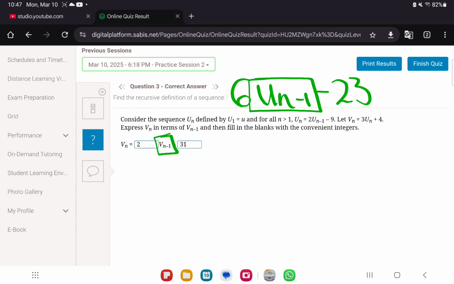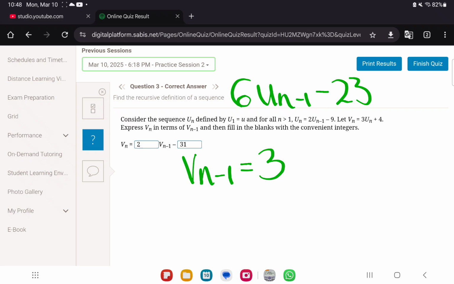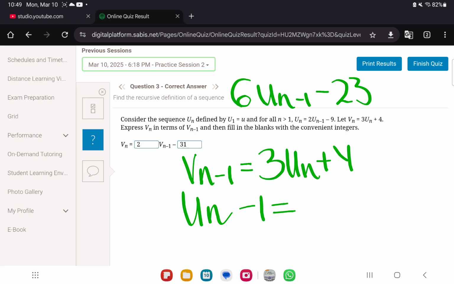Actually, sorry, these don't equal each other. What equals each other is Vn is equal to 3 Un plus 4, because we know that Vn is that. That means let's move it around a bit and make Un minus 1 equal to Vn minus something.